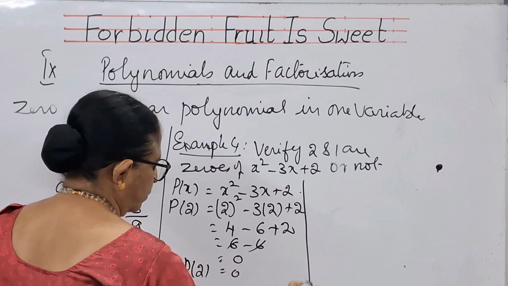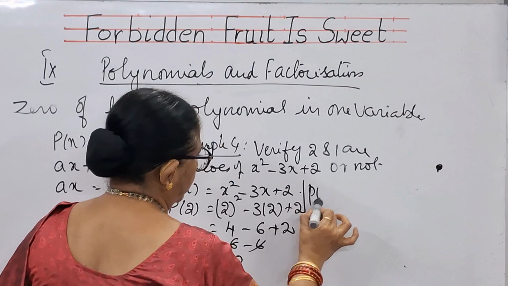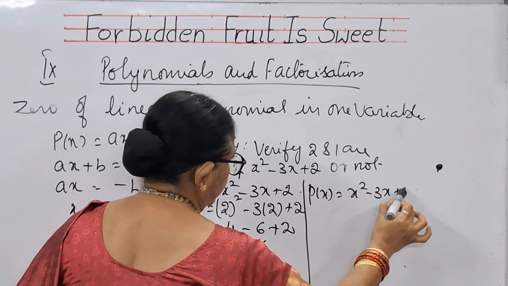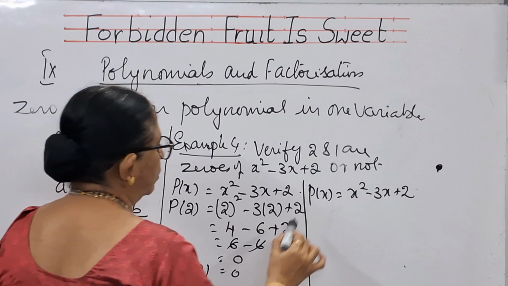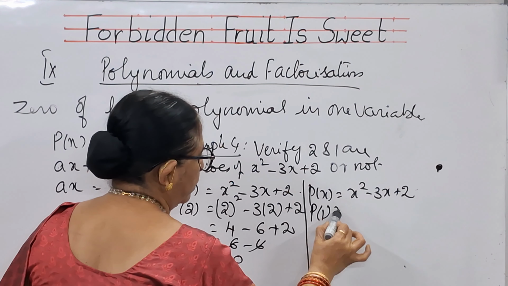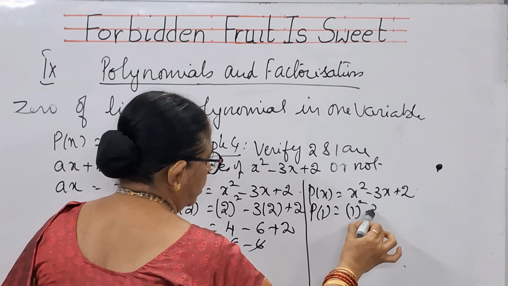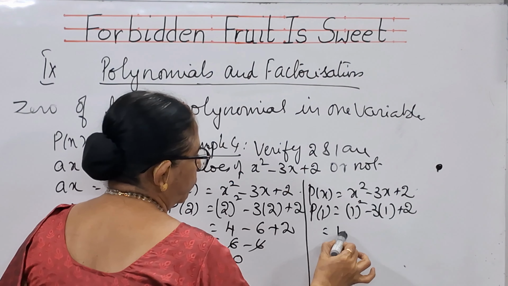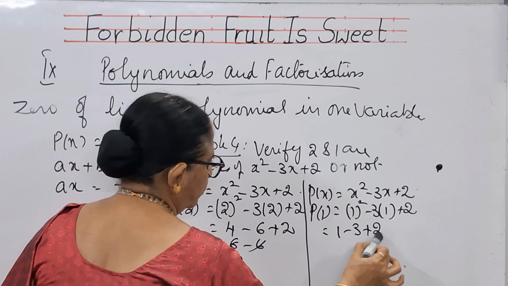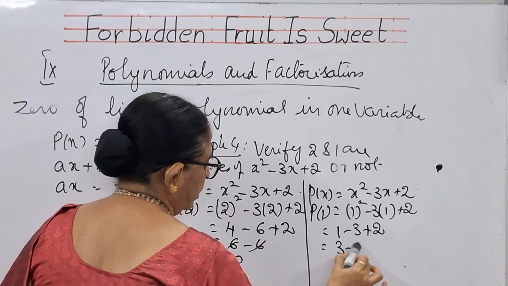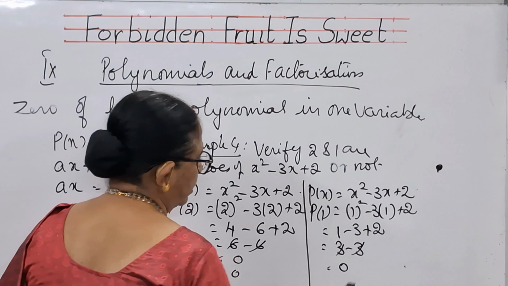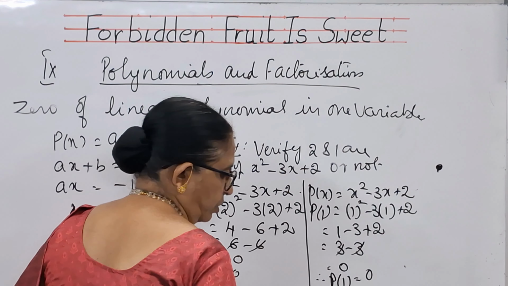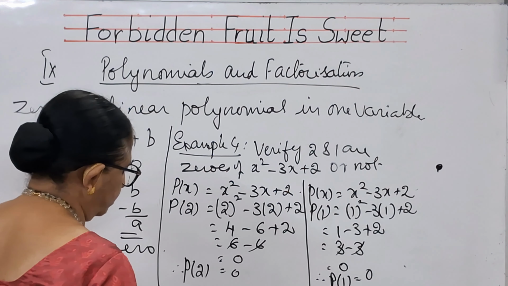Now go for again. p of x is equal to x square minus 3x plus 2. Now p of 1. 1 whole square minus 3 into 1 plus 2. That is 1 minus 3 plus 2. So 3 minus 3, again you are getting 0. So p of 1 is also 0. So what we can say?